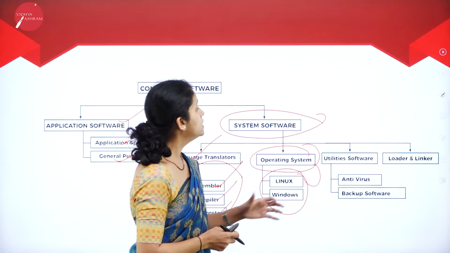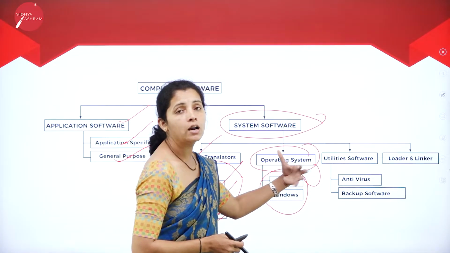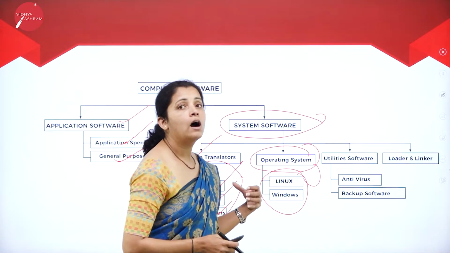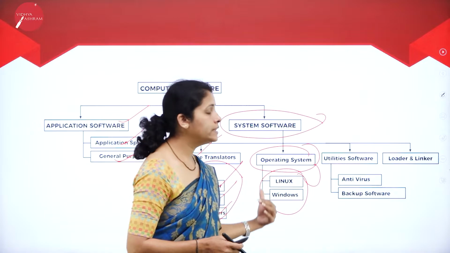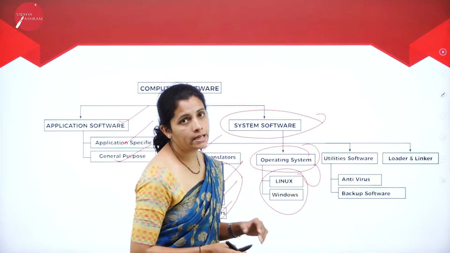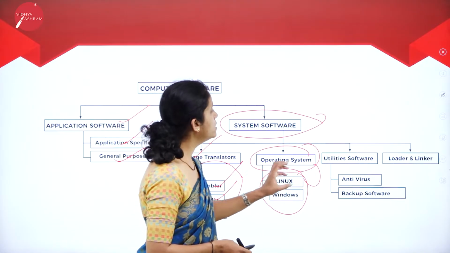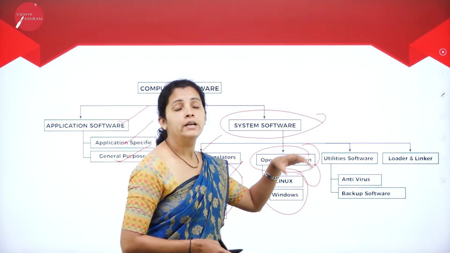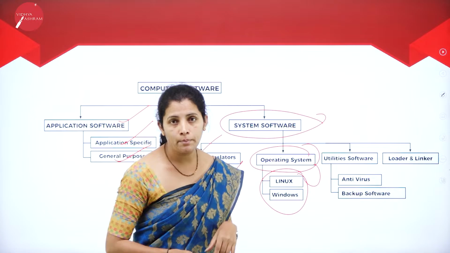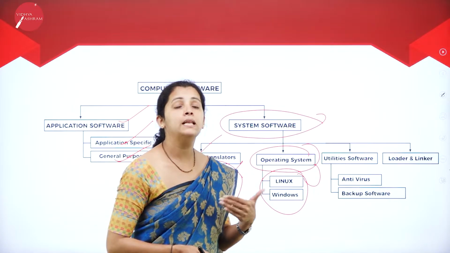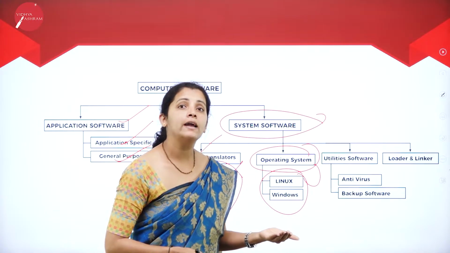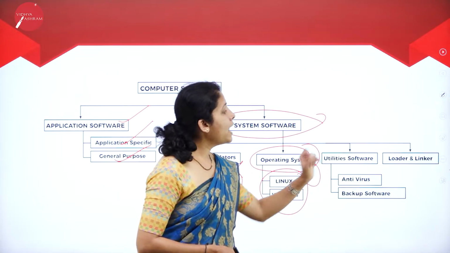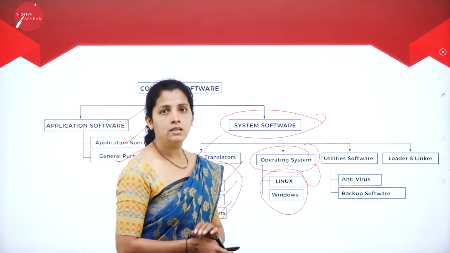As I told, utility software is mainly used to maintain the data and to take the backup. Utility software is also used to protect our computer system from malicious activities and from hacking. And I have loader and linker.